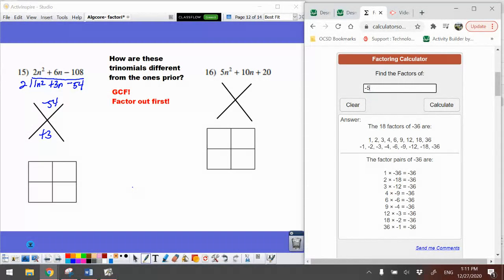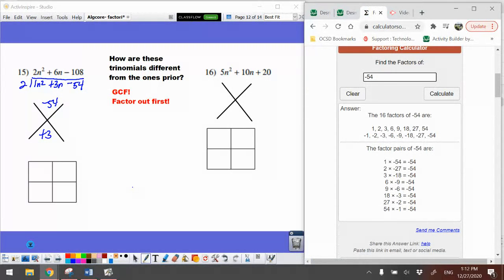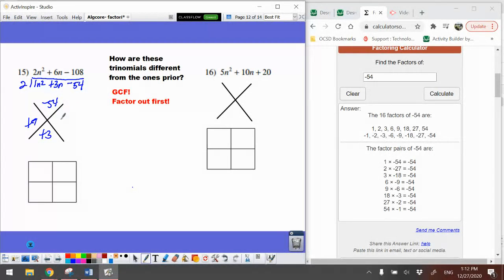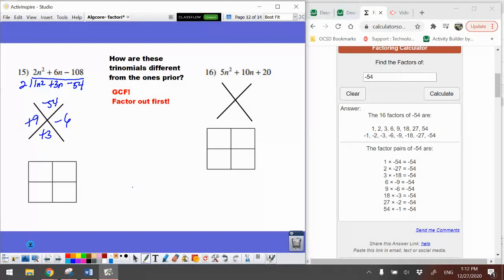Okay, so let's see how you did. So 54, if I run my factor calculator, I see that I have 9 and 6, and I need a positive 3. So it's going to be a positive 9 and a negative 6.